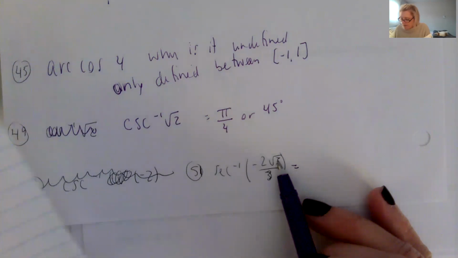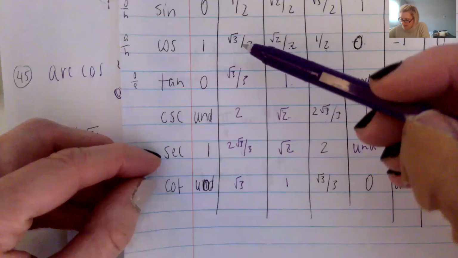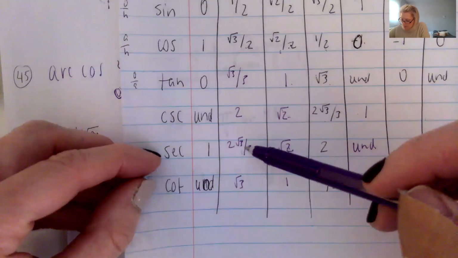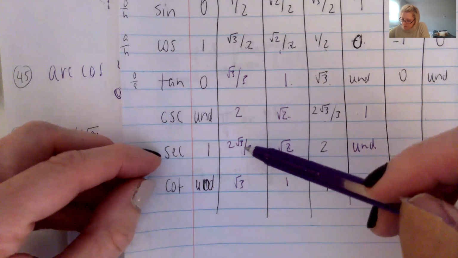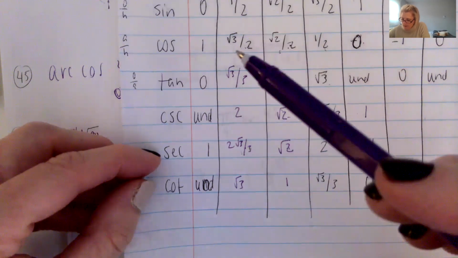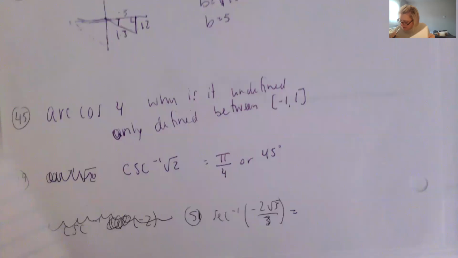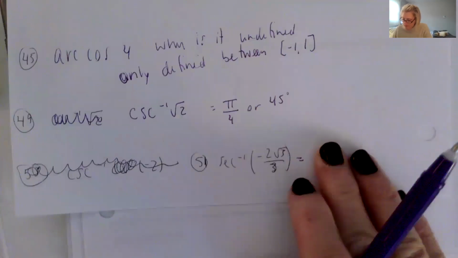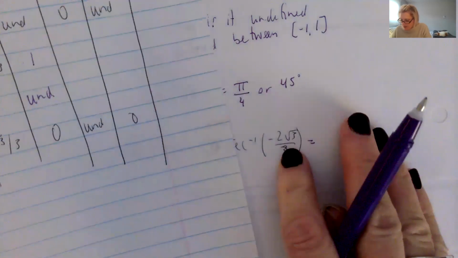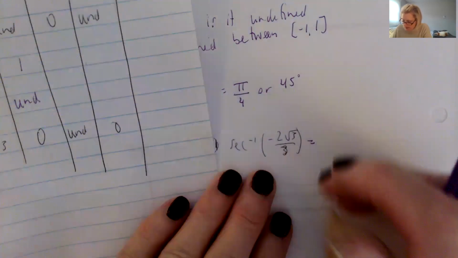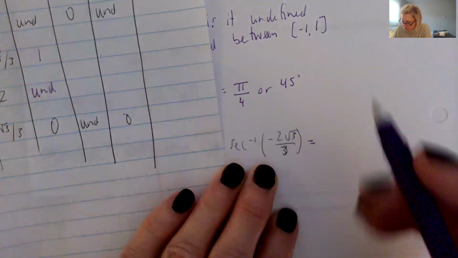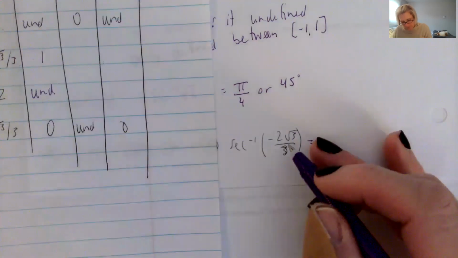Secant is negative where cosine is negative. So in the second and third quadrants, a -2 square root of 3/3.